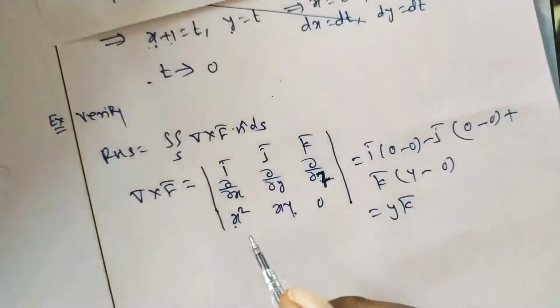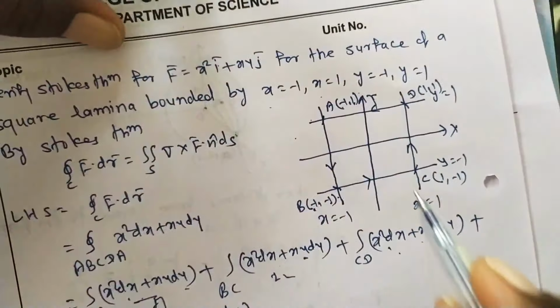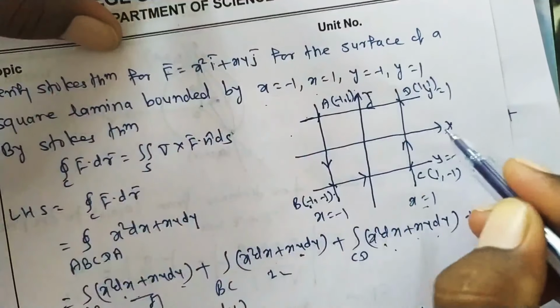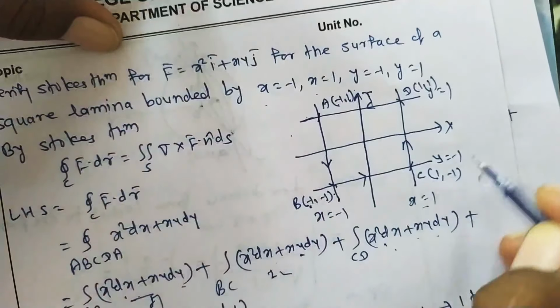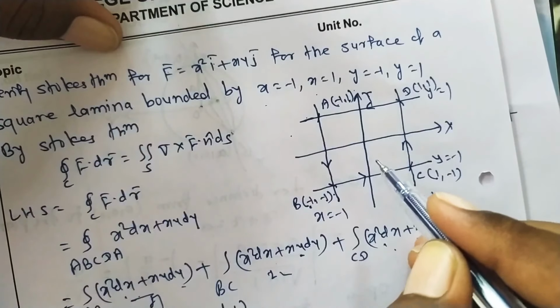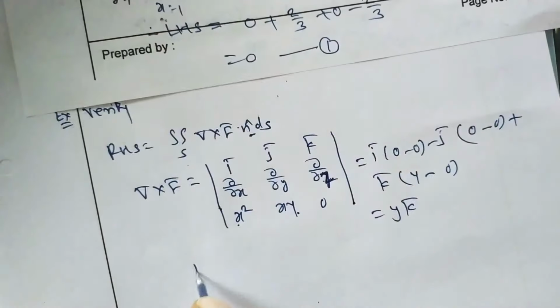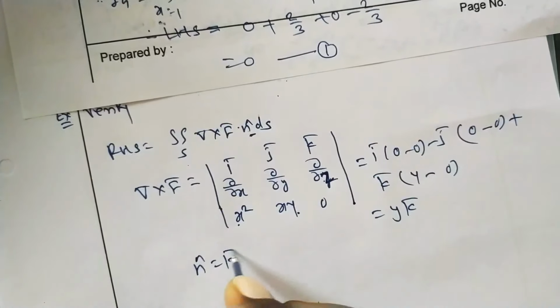Okay, and for RHS we want again n cap. So what is n cap? This plane, this lamina lies in the xy plane. If the lamina lies in the xy plane, then what will n cap be? Z axis is normal to this plane. So if z axis is normal to the plane, then n cap is equal to k bar.